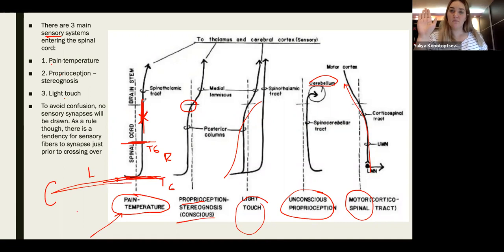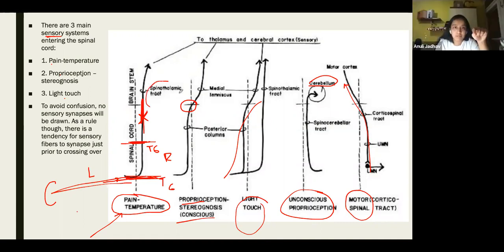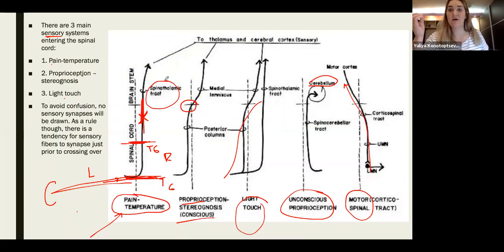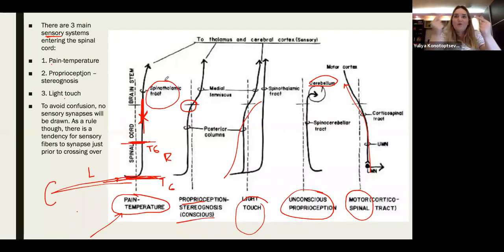Spinothalamic tract, right? So if I can't feel pain in my right arm, that means that my spinothalamic tract on the left side above T6 is damaged. Something is compressing that part. Do you get it? The symptom says the right hand, but you don't care about the right hand. You're thinking what is inside, right? It's crossing, so that means it's going to be on the left side.